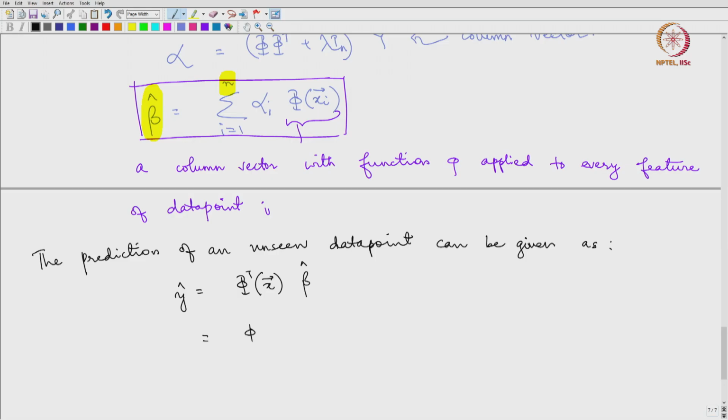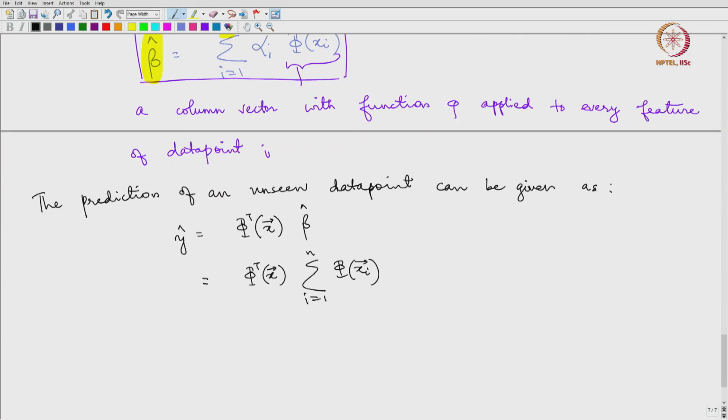So this becomes phi transpose x times the sum, i going from 1 to n, of alpha i times phi of x i. I had missed the alpha i there. So alpha i times phi transpose x times phi of x i.